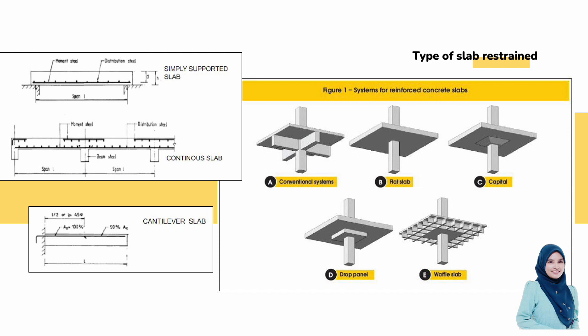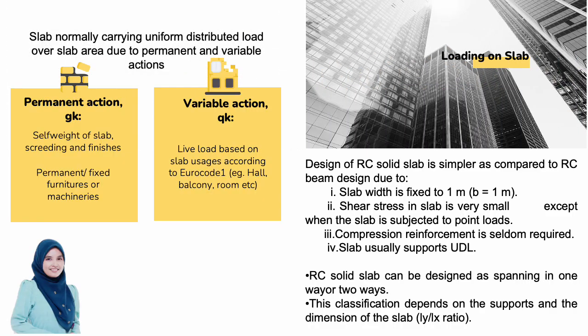So on the left, okay, we have a simply supported slab and continuous slab and also cantilever slab. Slabs are normally carrying uniformly distributed load over a slab area due to permanent and variable action. So we have a permanent action, Gk, and also variable action.